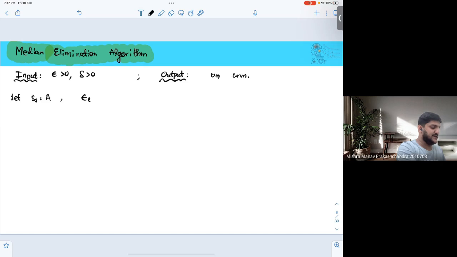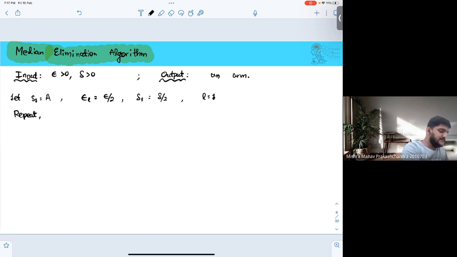Then my epsilon L is basically epsilon by 2, and my delta L is basically delta by 2, and my L is 1 in the beginning. Then I repeat. So what I do is I sample every arm A belonging to the space SL.